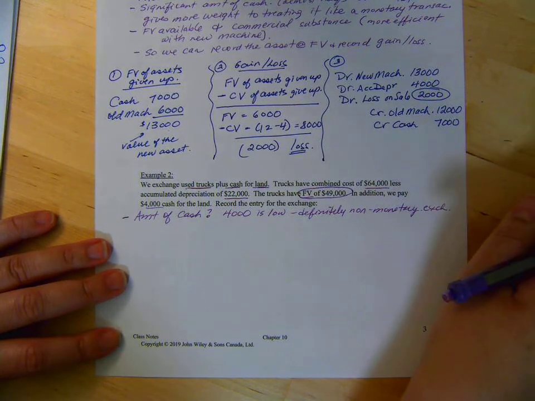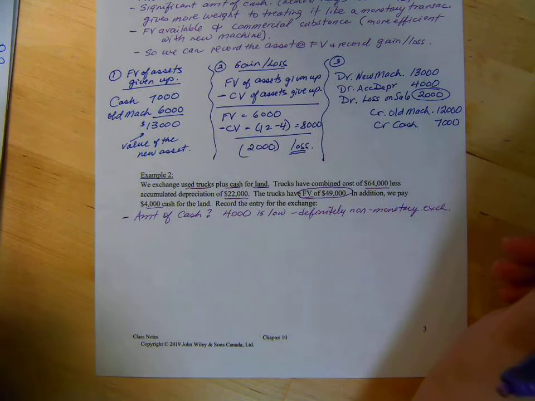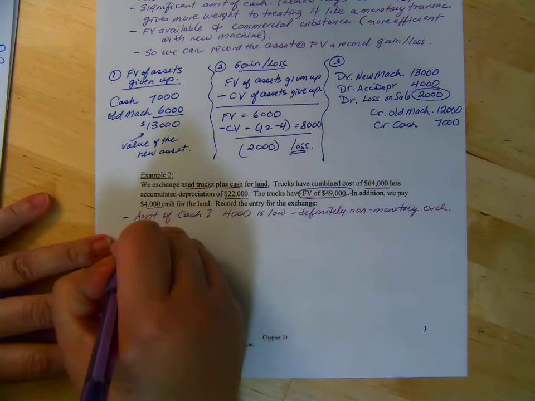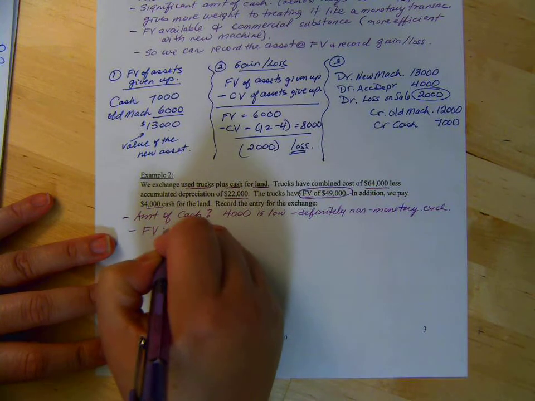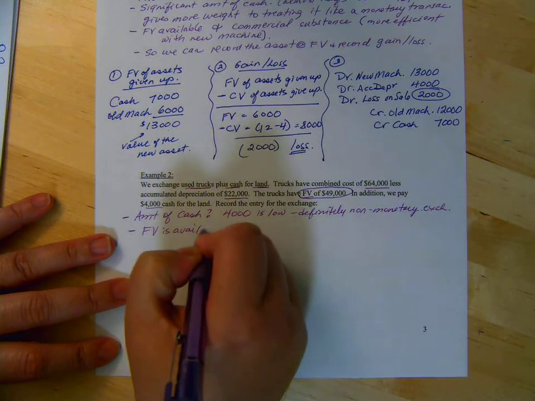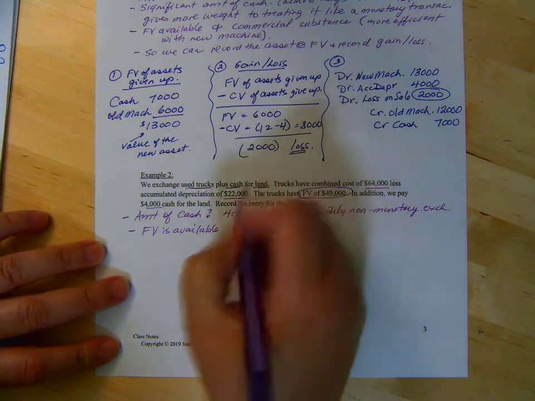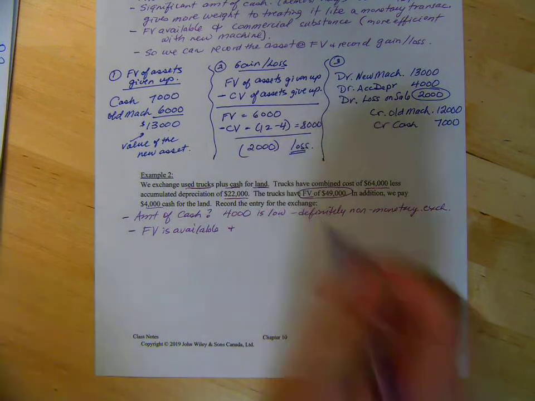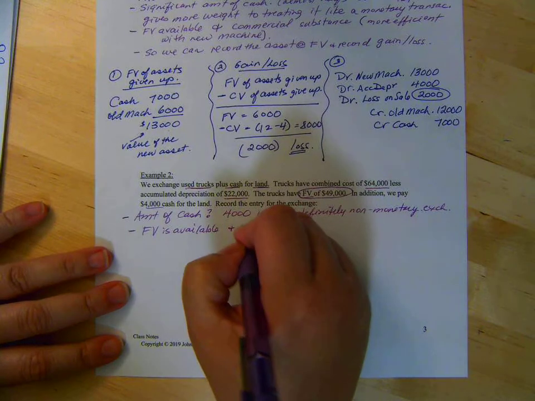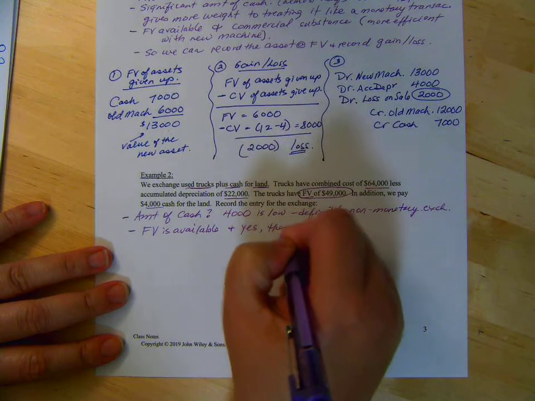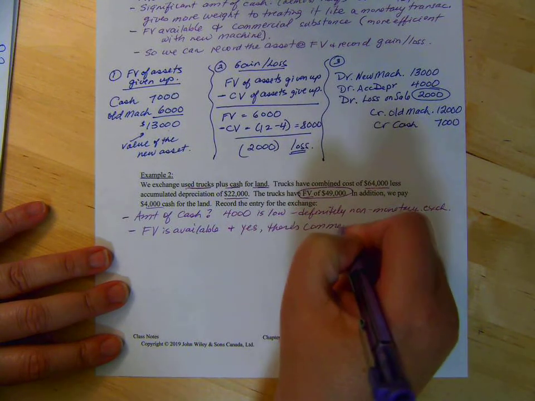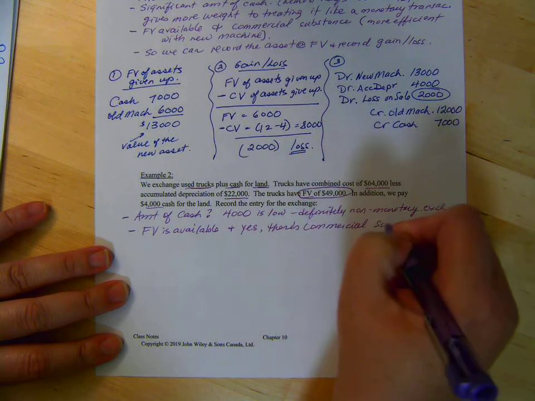So now we just have to test it. Is there commercial substance in fair values? So fair value is available. And is there commercial substance? And yes, there's commercial substance.